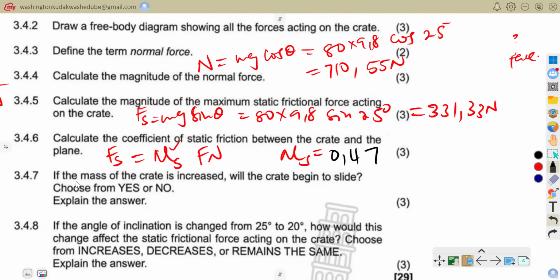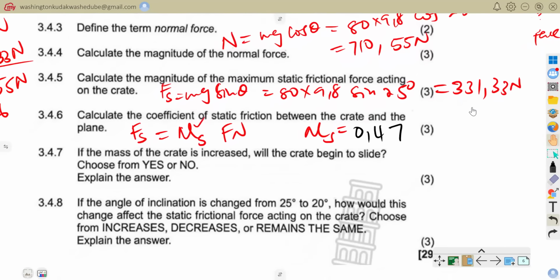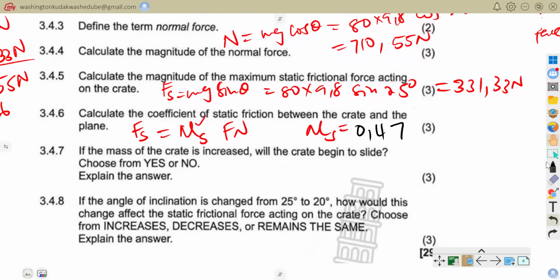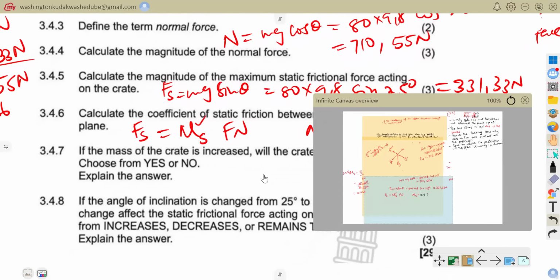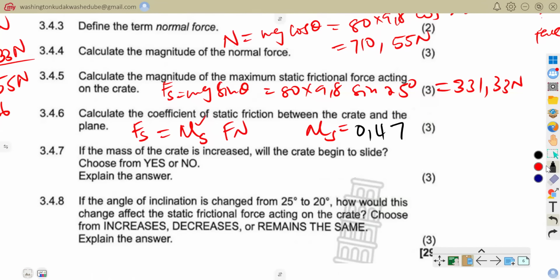Now they're saying if the mass of the crate is increased, will the crate begin to slide? Yes or no? So what is it that can make our crate slide?